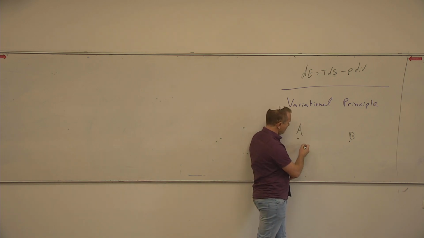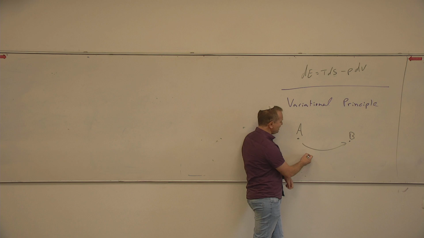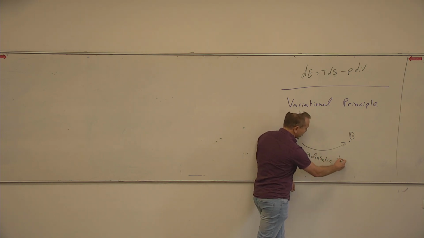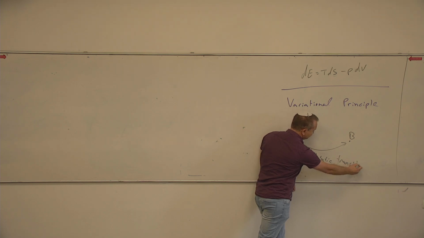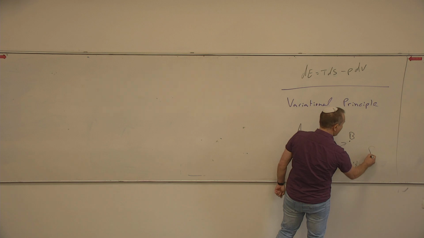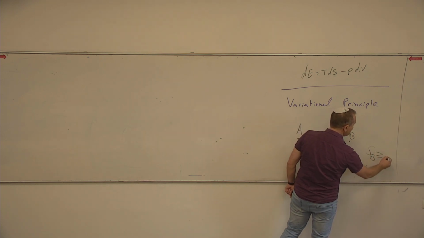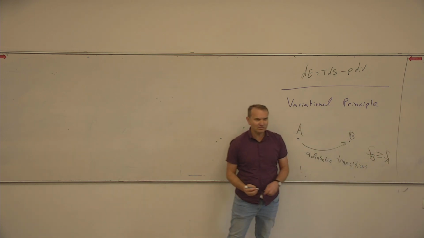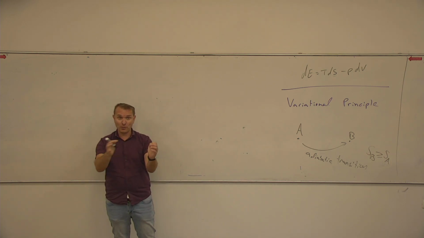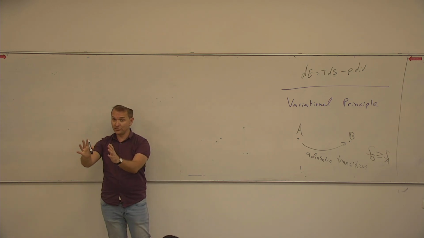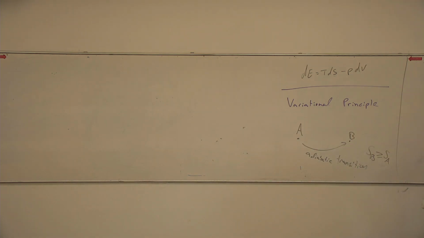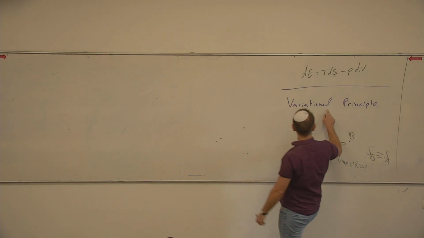And if there is any adiabatic transition from state A to state B, it means that S_B is larger than or equal to S_A. So the entropy grows when the system evolves adiabatically from one specific state to another. The entropy will grow. So this leads to the following variational principle.